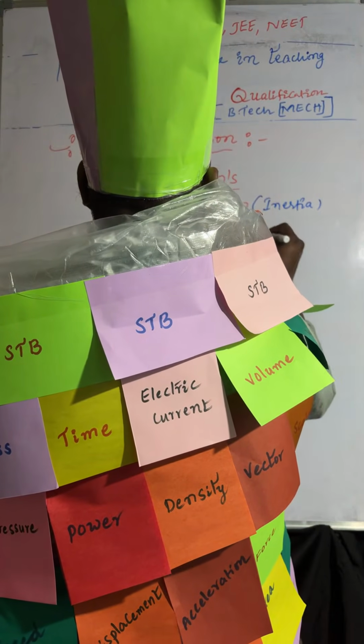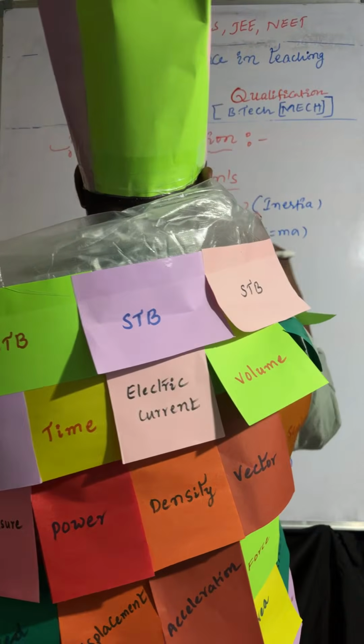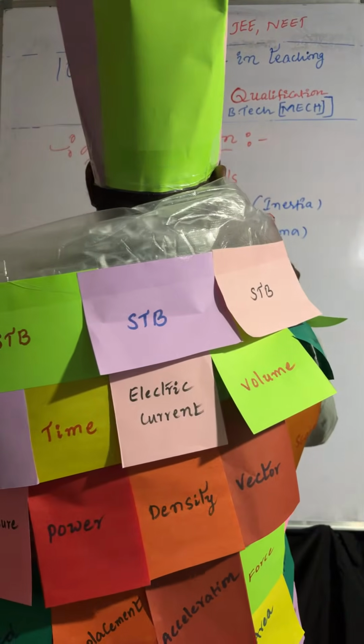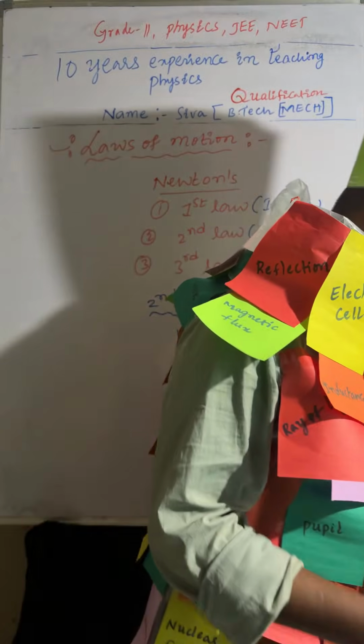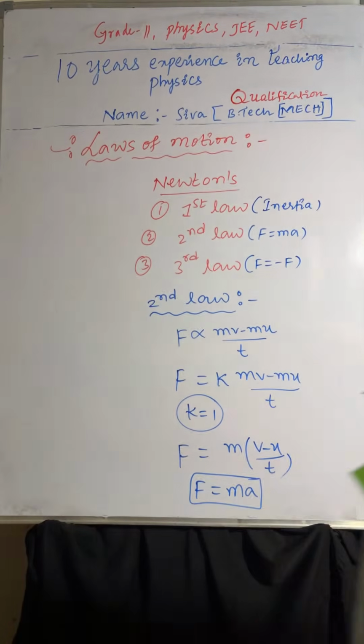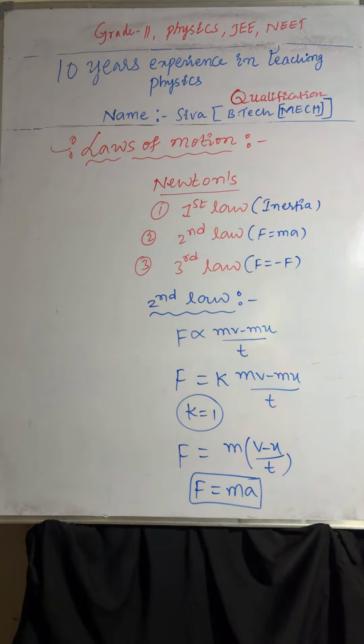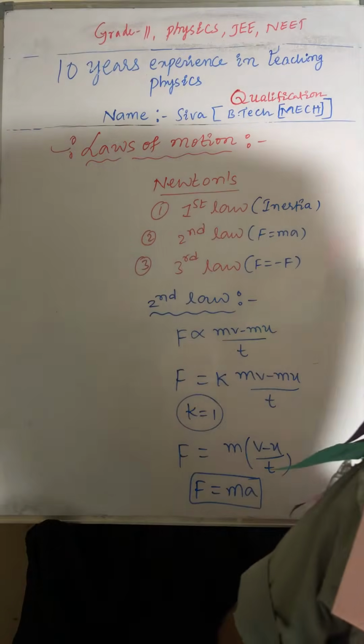Coming to the third law: every action has an equal and opposite reaction. When you throw a ball at the wall, after hitting, the ball will come back. That is Newton's third law.